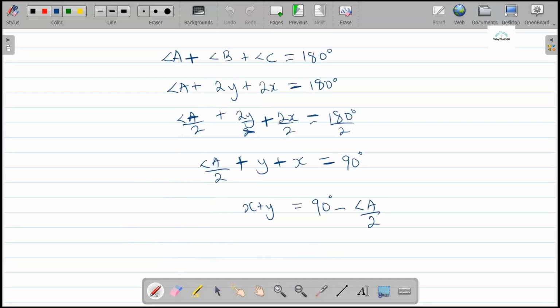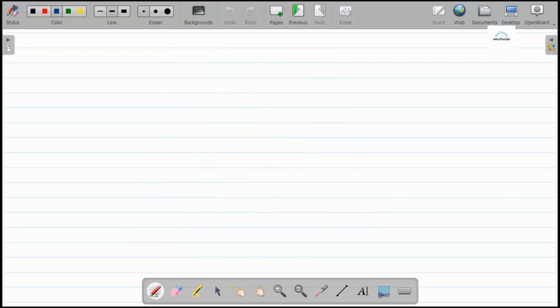So let's go to another fresh page, and then I will just say from triangle ICB, we know that the angle at I inside the triangle plus the angle at B plus the angle at C should also give us 180 degrees.